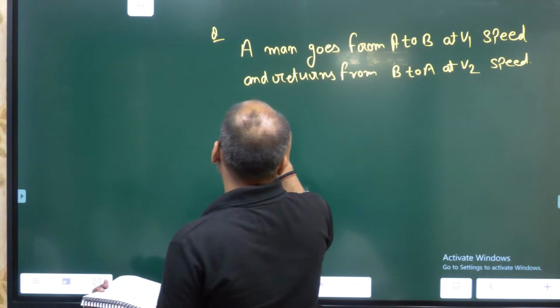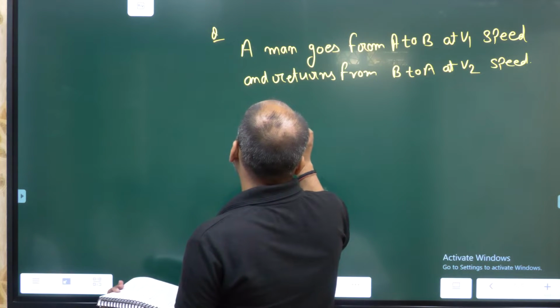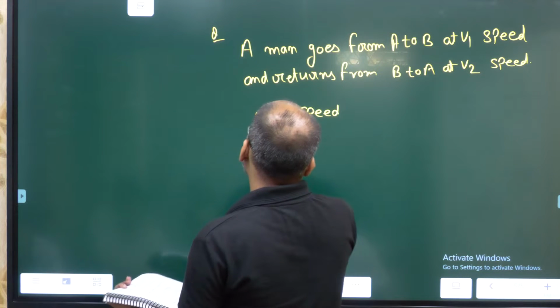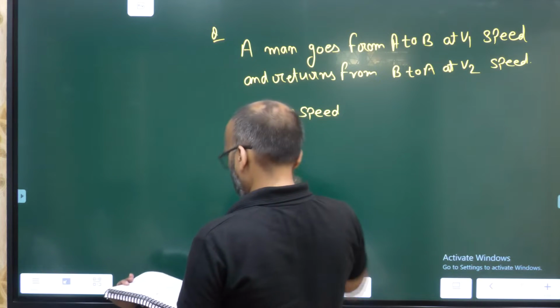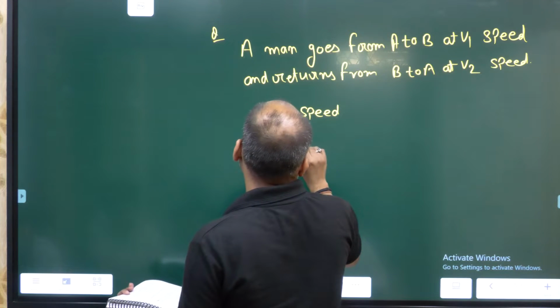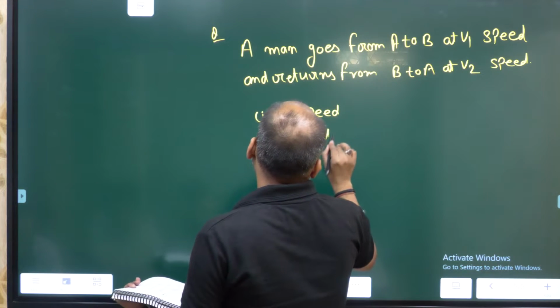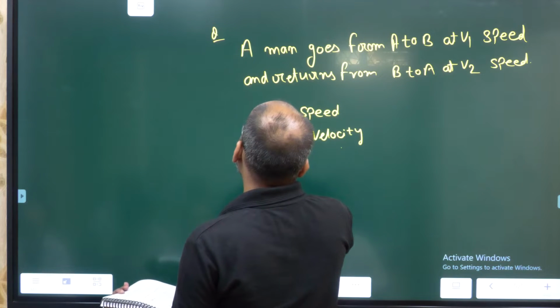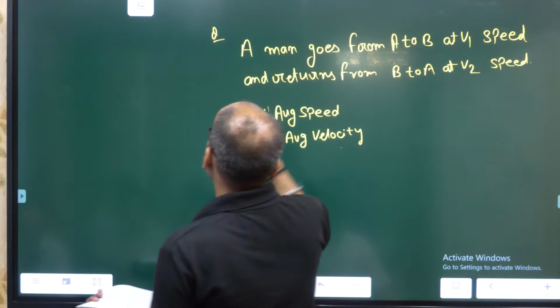Find number 1, average speed, number 2, average velocity. Or make average velocity number 1 and average speed number 2. First calculate average velocity, then calculate average speed.